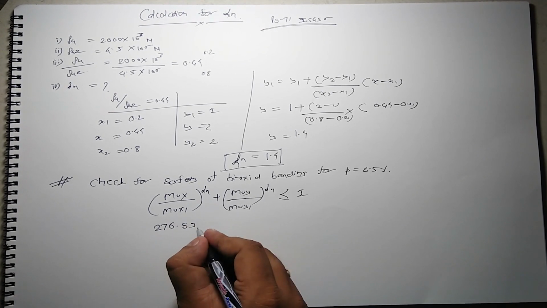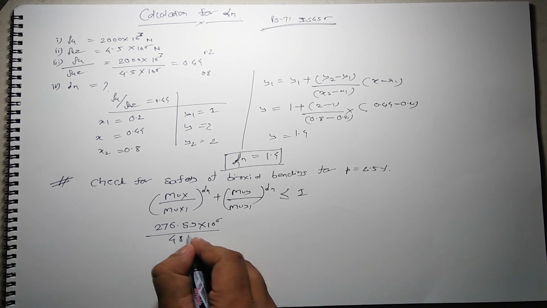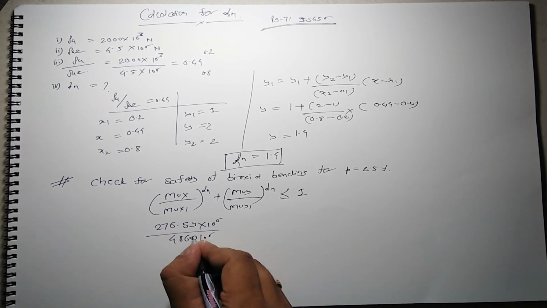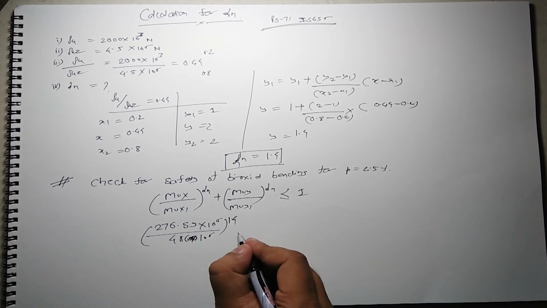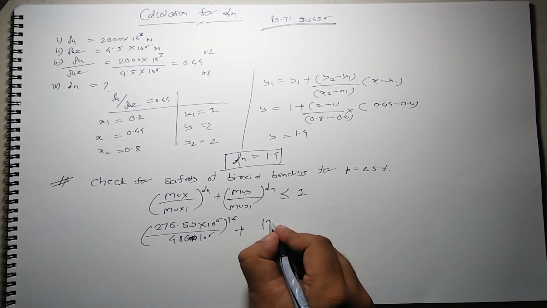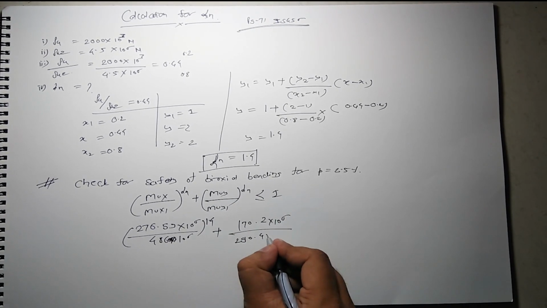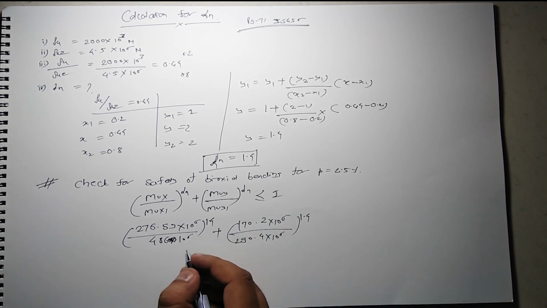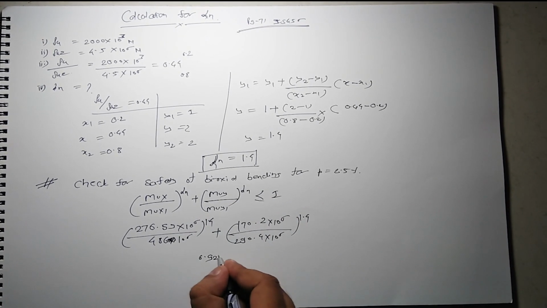276.59 into 10 to the power 6 divided by 486, exactly we have got the value 486, so I'll write 486 to the power 1.4, plus 170 divided by 290.4 into 10 to the power 6, to the power 1.4. Now putting the values, it is coming to be 0.927.